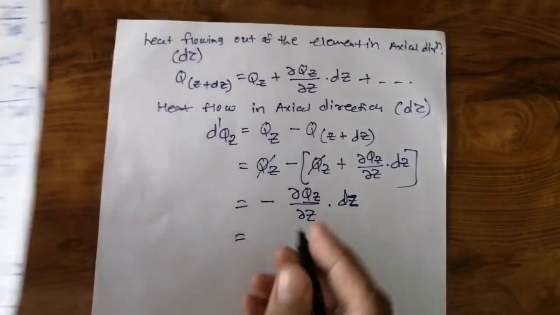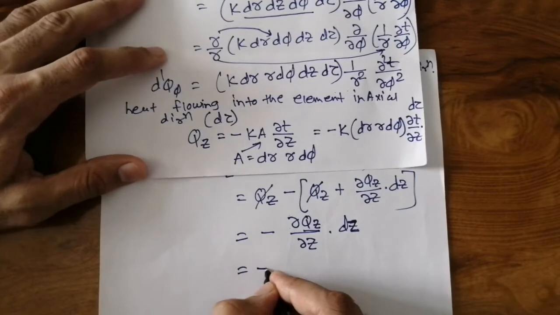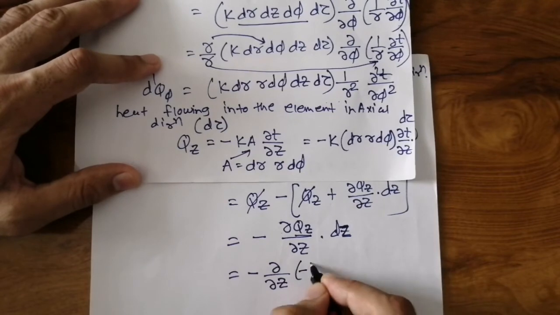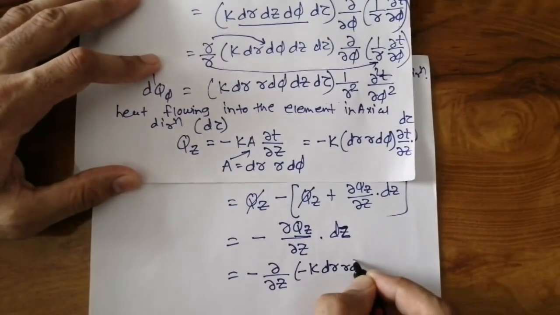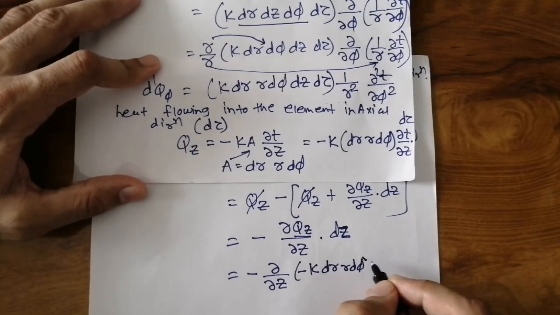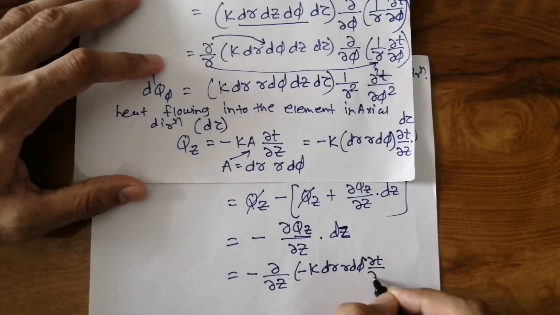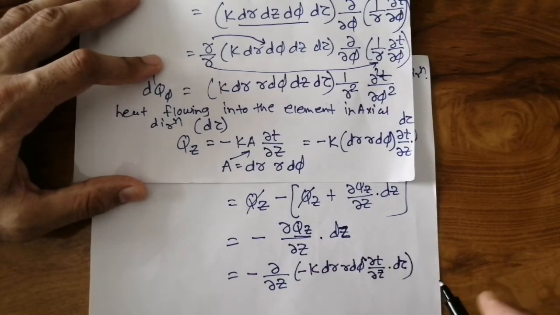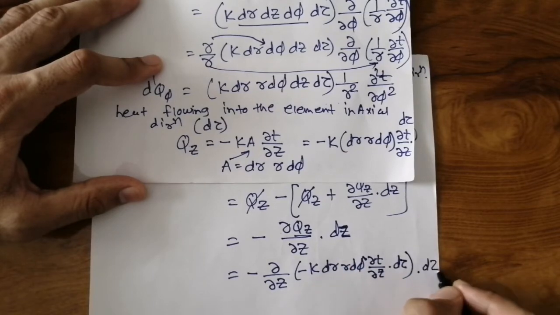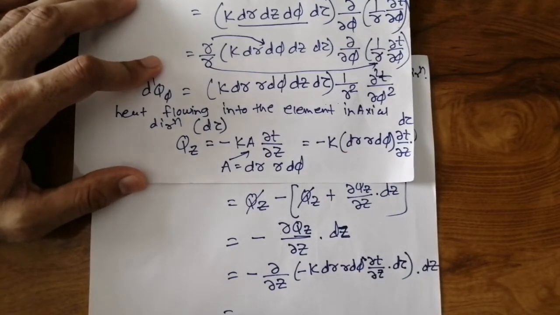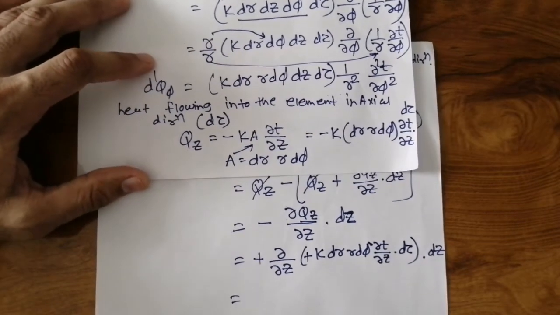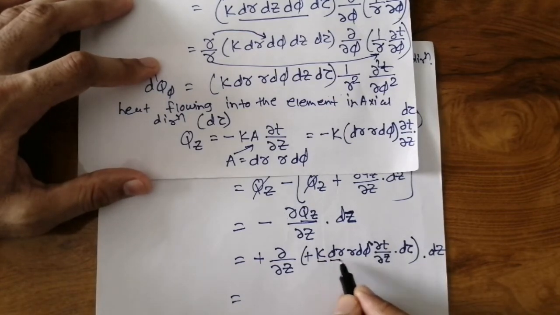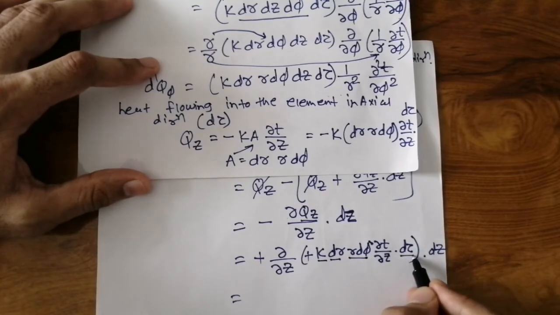So we put that here: is equal to minus del by del z of qz, where qz is minus k dr r d5 del T by del z d tau, bracket over, and outside will be dz. So minus minus becomes plus, and then the constant terms are taken outside. k is a constant term, dr is a constant term, r d5 is a constant term, d tau is a constant term.